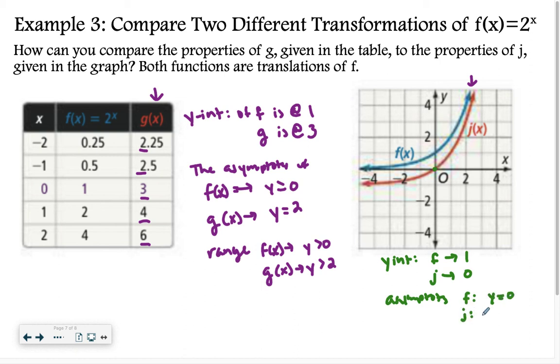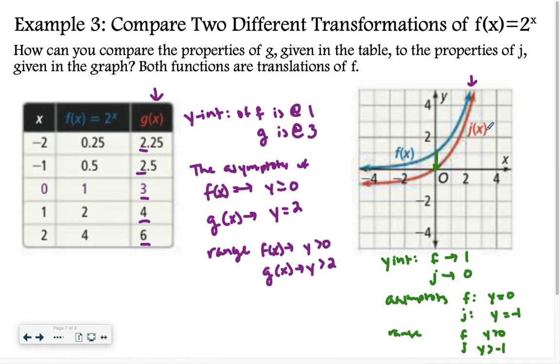For j, it goes down 1 unit, so y equals -1. And then the range, f would be y is greater than 0, and j would be y is greater than -1. As you can see, it's just shifted down 1 unit. Okay, so that would be comparing to the parent functions.